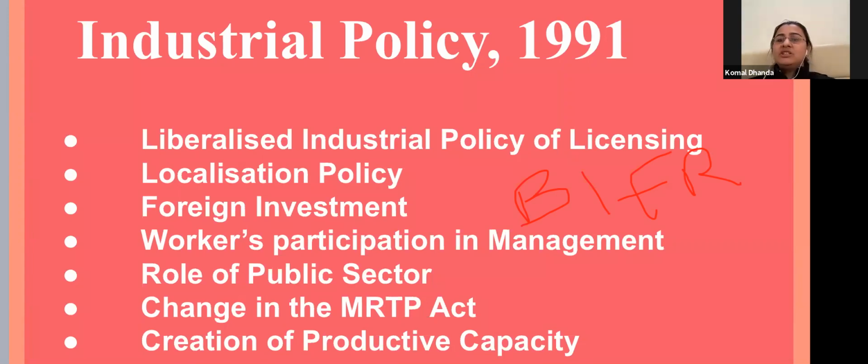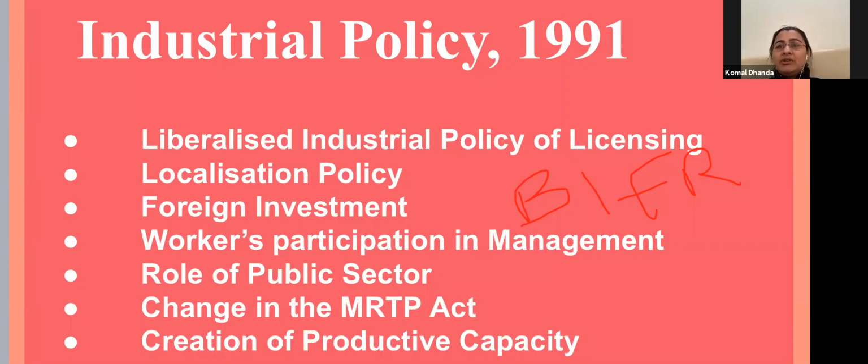Then there were some changes in the MRTP Act. What is the MRTP Act? Monopolistic and Restrictive Trade Practices Act. In the Industrial Policy 1991, major changes were made in the MRTP Act. Before that, competition was getting suppressed somehow. But in 1991, it was said that competition should be encouraged rather than suppressed.